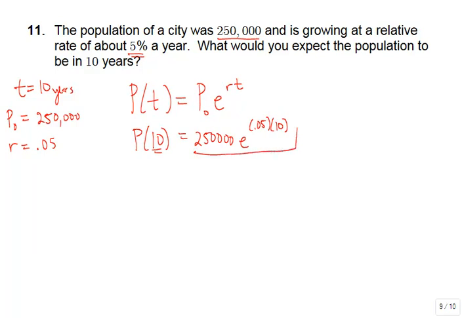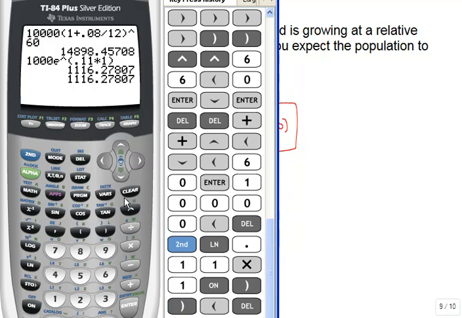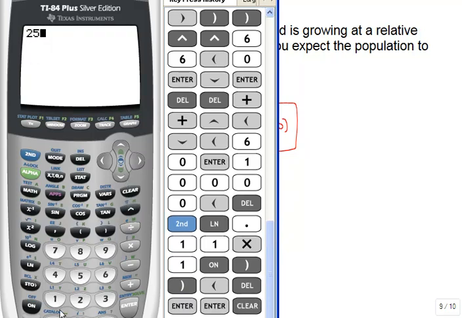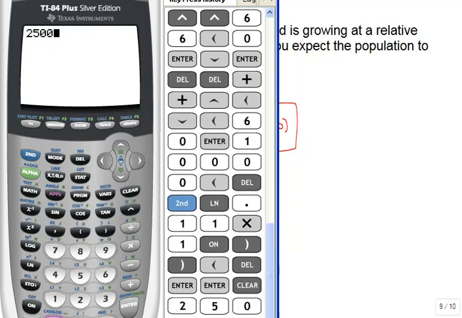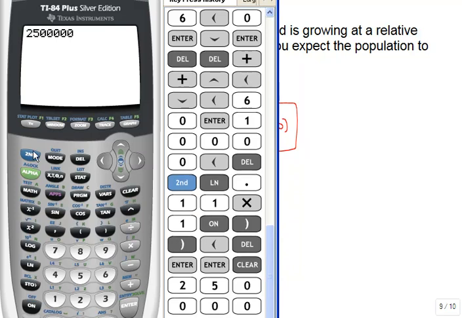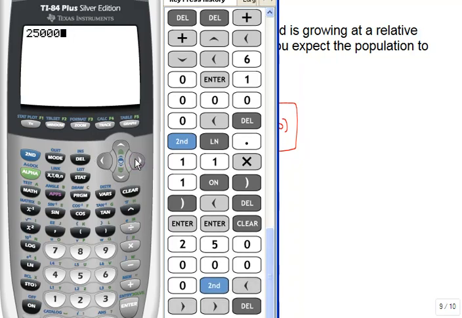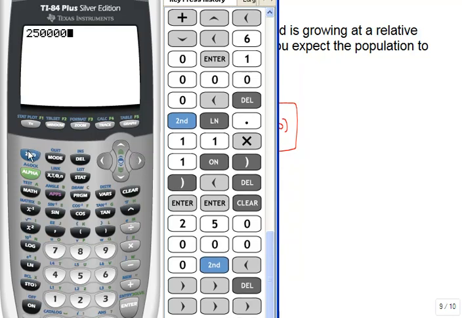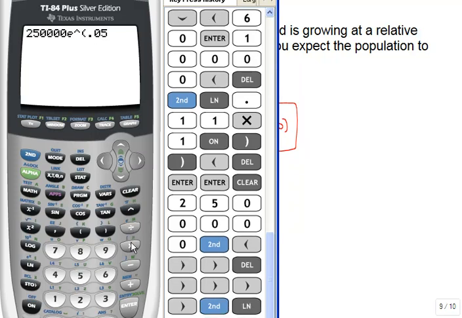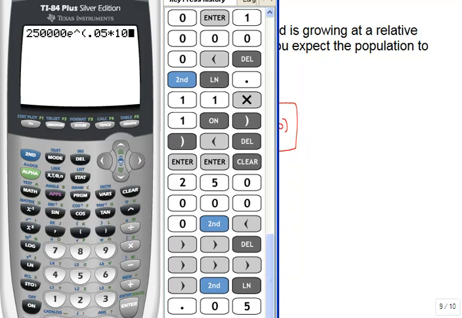So we need to type all of this into our calculator. So we want 250,000 times e to the 0.05 times 10.